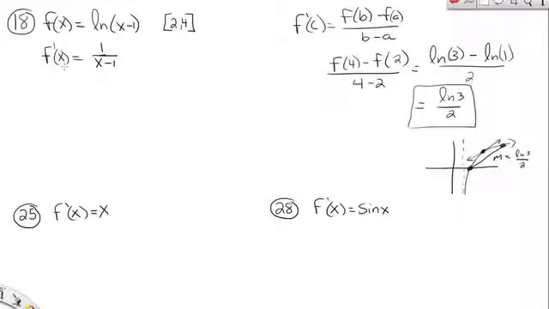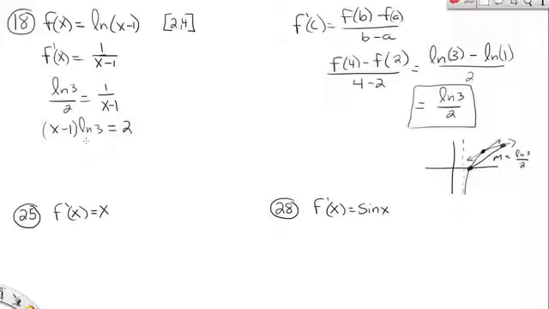So in other words, I take my derivative and set it equal to the average. I get the natural log of 3 over 2 equals 1 over x minus 1. A little cross multiplying here, I get x minus 1 times the natural log of 3 equals 2.